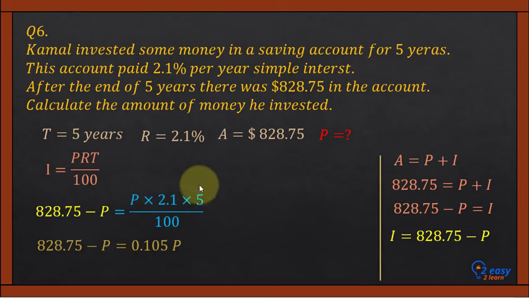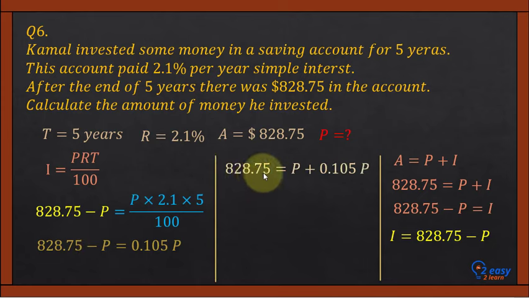So if we simplify the right hand side, 2.1 times 5 divided by 100, we will get 0.105P. Shift this negative P to the right side, it will become positive. So 828.75 is equal to P plus 0.105P.